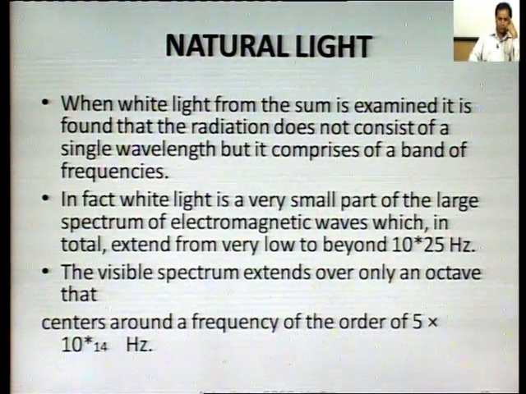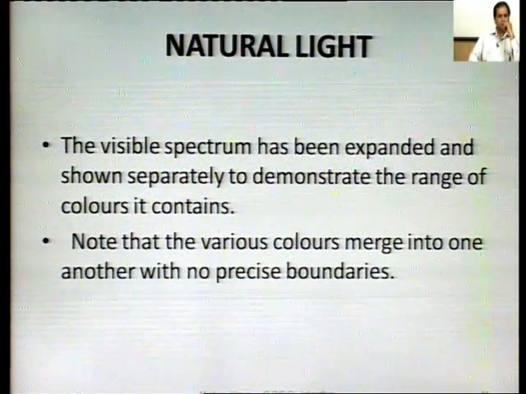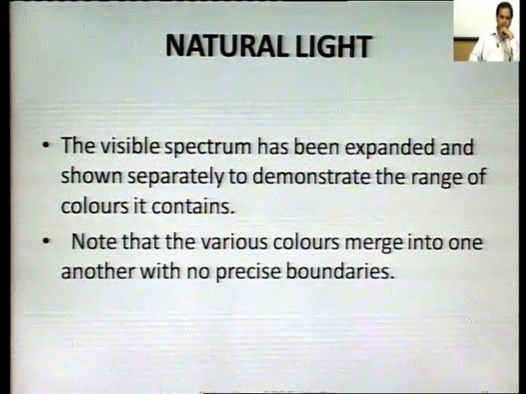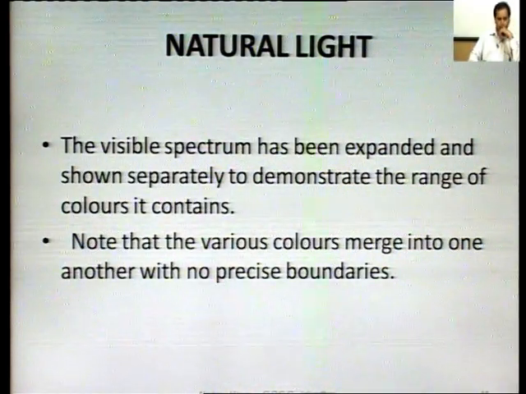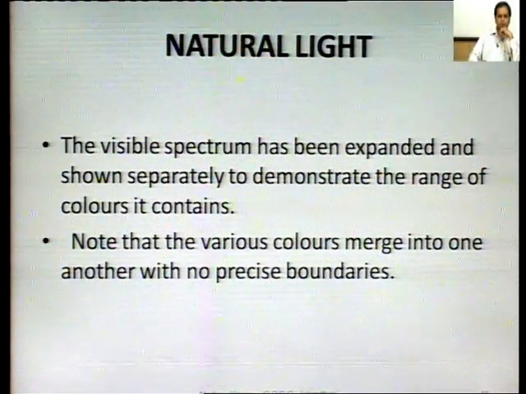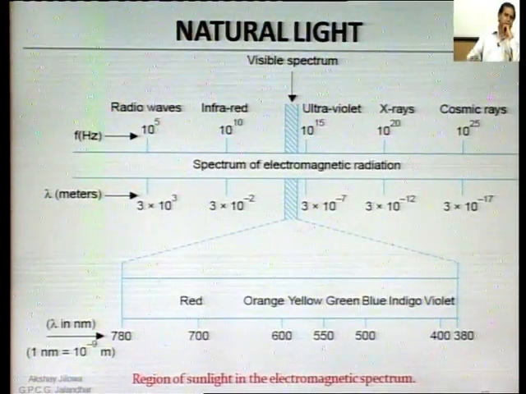The visible spectrum has been expanded and shown separately to demonstrate the range of colors it contains. Note that the various colors merge into one another with no precise boundaries. This we will see from here.